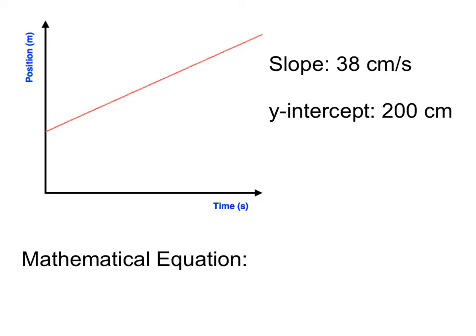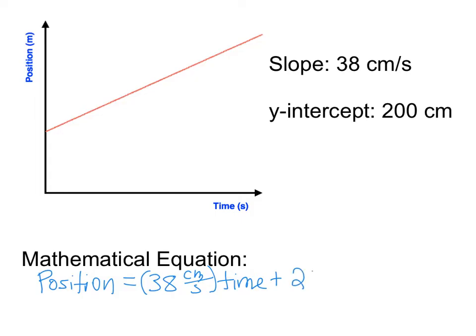So if we wanted to write a mathematical equation, we would have position is equal to 38 centimeters over seconds times time plus 200 centimeters.